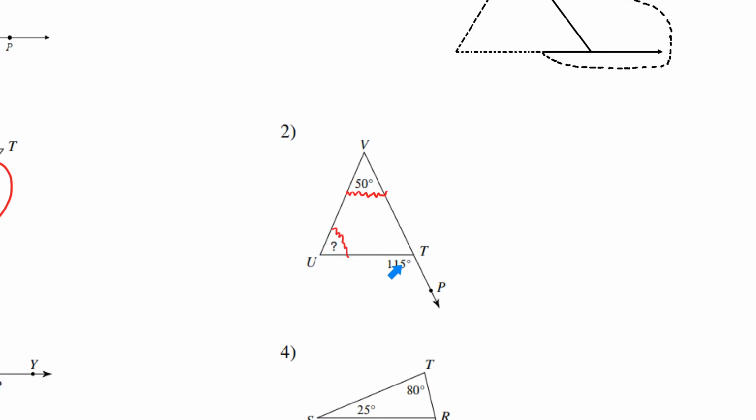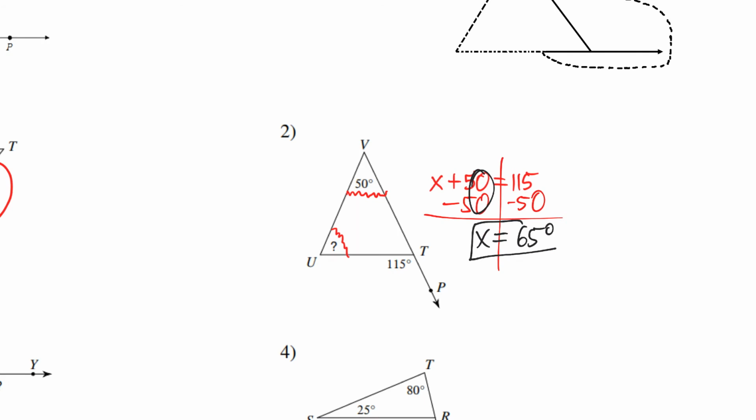You could write it like this: something plus 50 equals 115. Instead of a question mark, I'm just going to put an X for that. X plus 50 equals 115. So we're just going to subtract 50. And what does that give you? 65. Gives you 65.